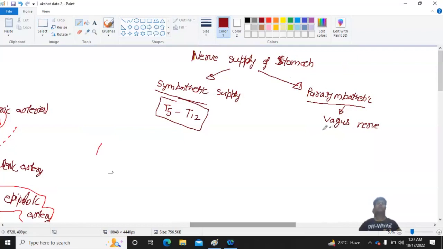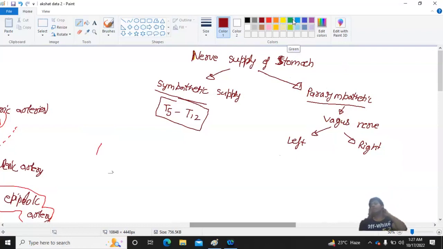We know there are two vagus nerves, one left and another right. In the abdomen region, this vagus nerve turns and rotates, and then the left becomes anterior and the right becomes posterior. The vagus nerve was first in the thoracic region, as we know, left and right.